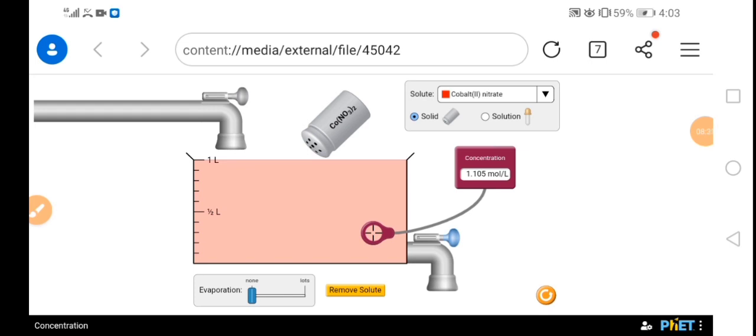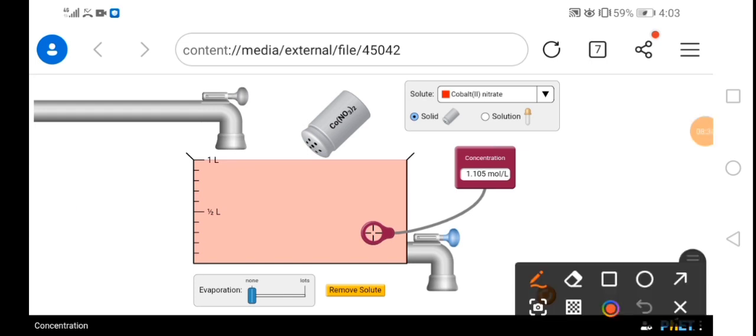So that's the reason why I was saying that number of moles and volume affects what? These two factors affect the concentration. When we increase the number of moles, we are going to increase the concentration. When we reduce the number of moles, we are going to reduce the concentration.